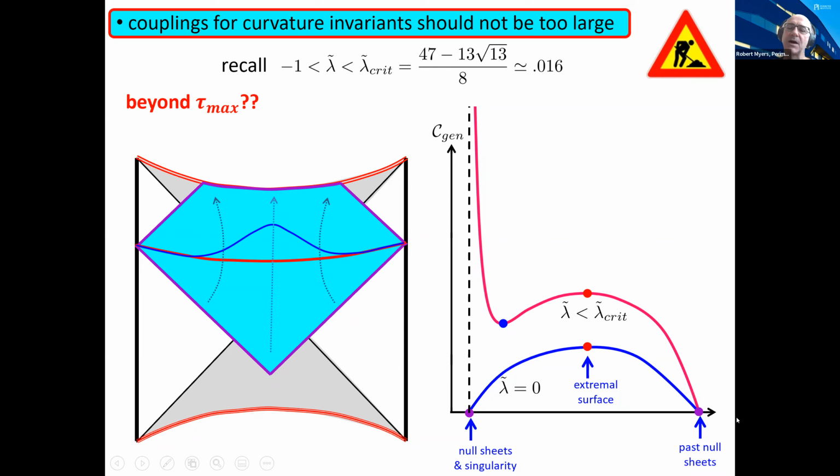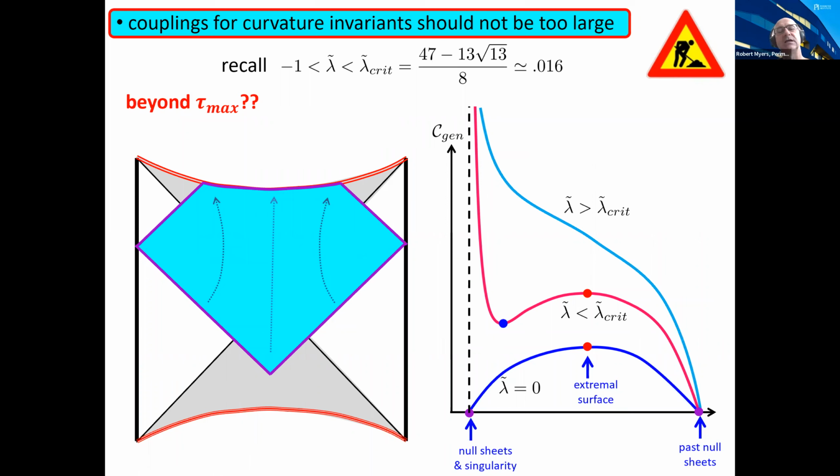As I start to sweep up, I approach the critical surface, and so I get an increase. The value increases to some critical point, and then it starts to decrease again. But I know that there's some saddle in here, some extra extremal surface. But after that saddle, it starts to blow up again. That's largely because I know that c squared diverges near the singularity, and so I'm getting a very large contribution when my surfaces approach the singularity here.